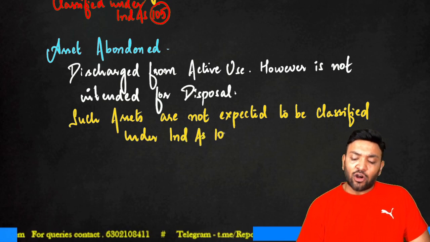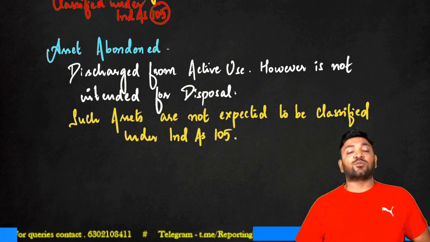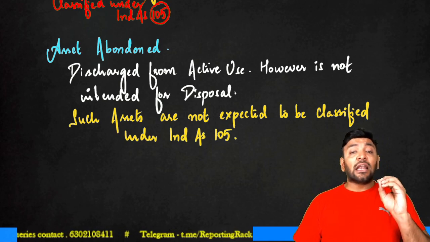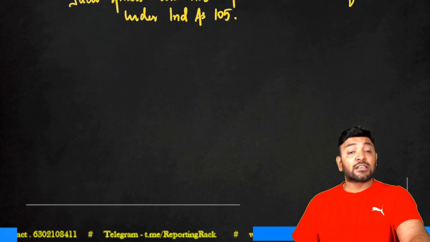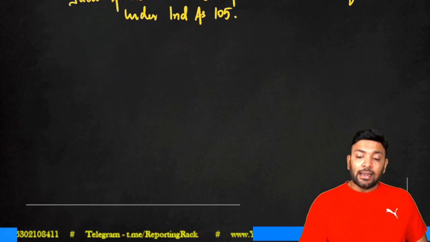Abandoned assets are not expected to be classified under Ind AS 105 since they are not held for disposal. They are only discharged from active use. First discussion is done.